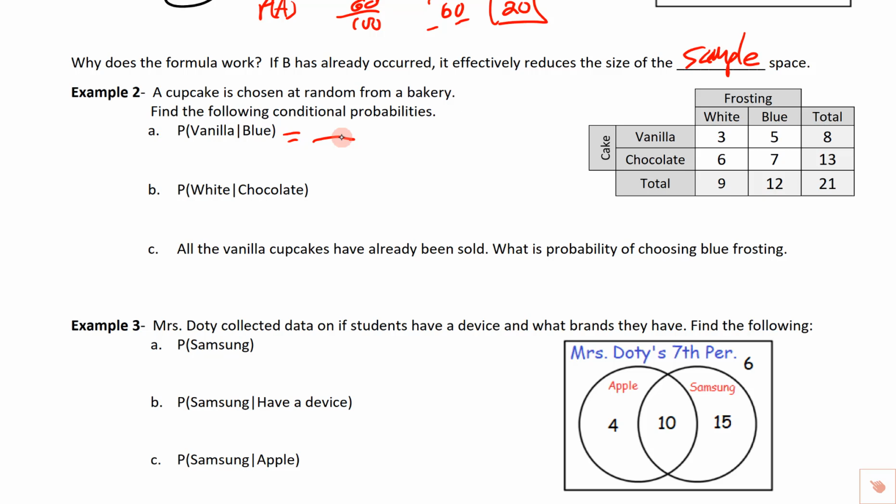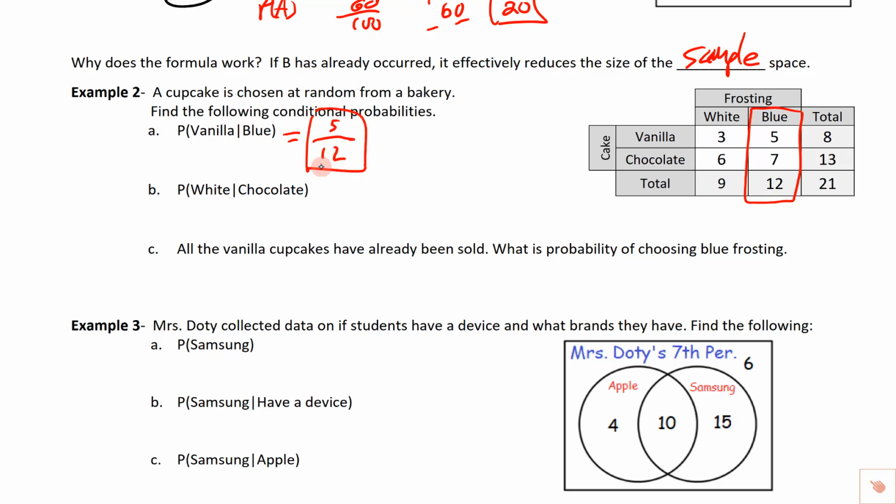Can somebody tell us what the answer is? Zach? 5/12. It is 5/12. He's right about that, because we have effectively limited this sample space to just those 12 cupcakes that got blue, and we want the ones that are vanilla. So the answer on this one is going to be 5/12.